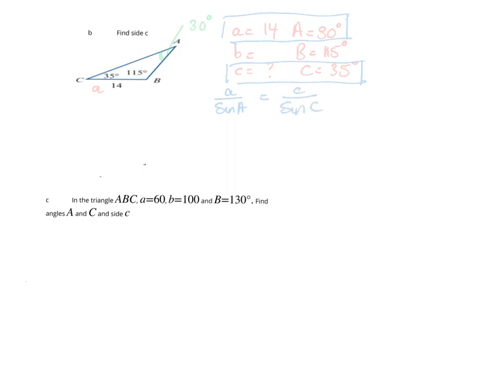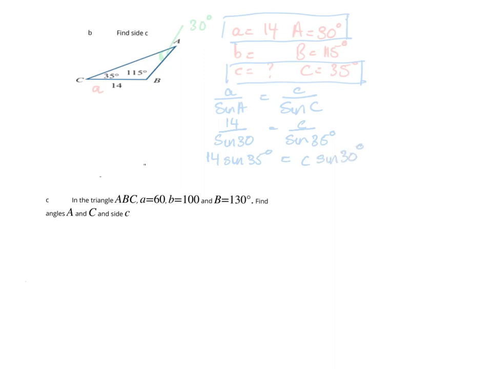So we're only using 2 parts, remember. Let's substitute in what we know. We've got 14 over sine of 30 degrees, and we've got C, which is what we're looking for, over sine of 35 degrees. Let's cross multiply there, and we end up with 14 sine of 35 degrees is equal to C times sine of 30.